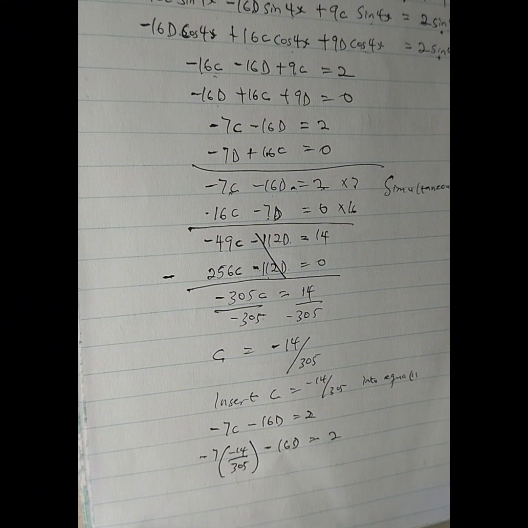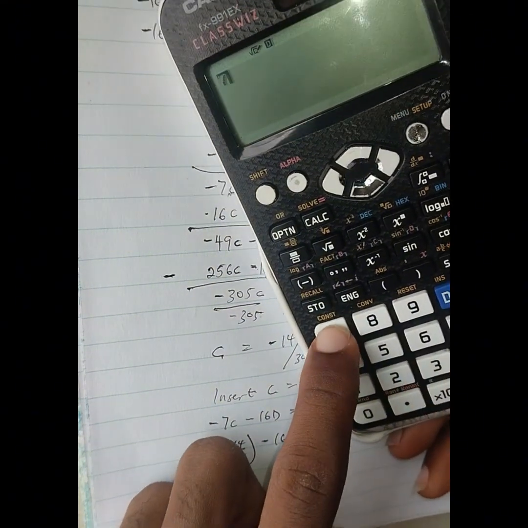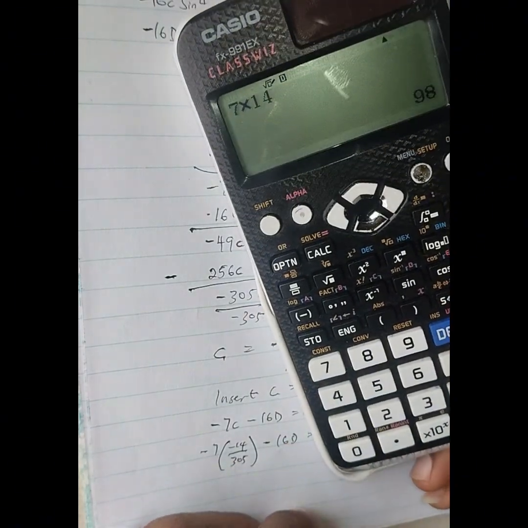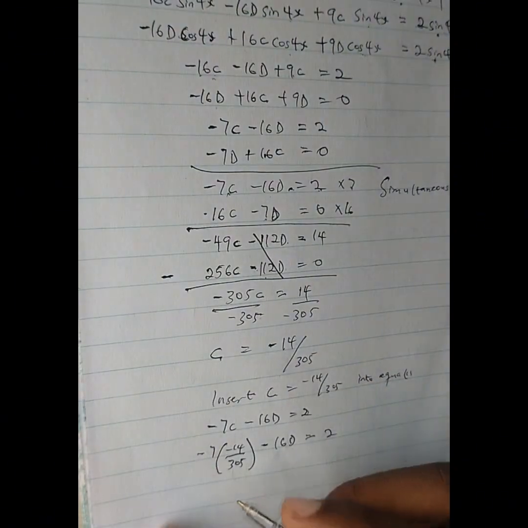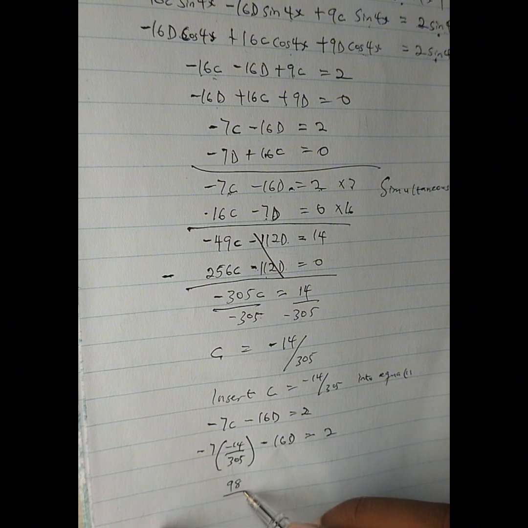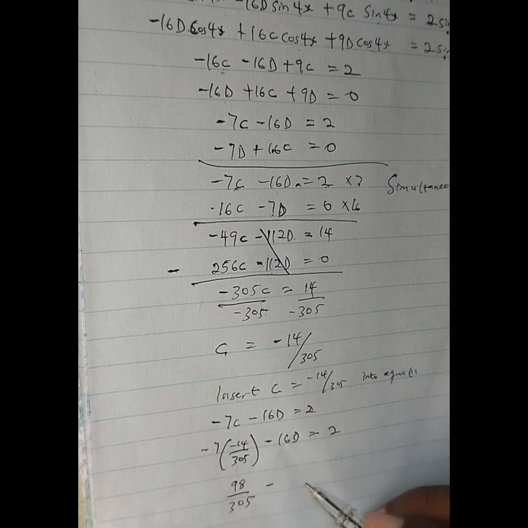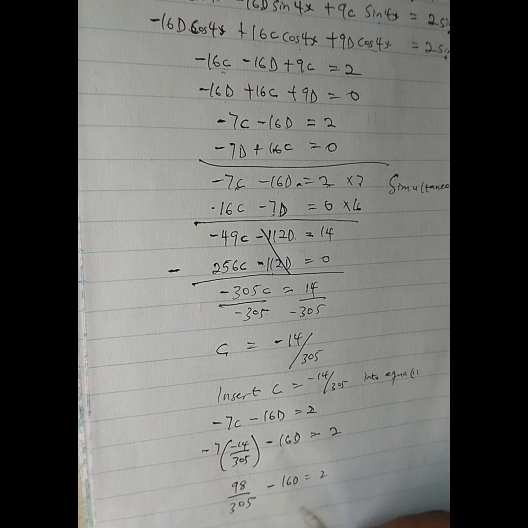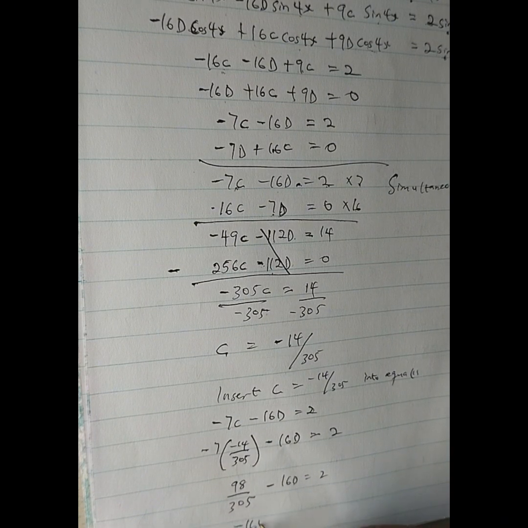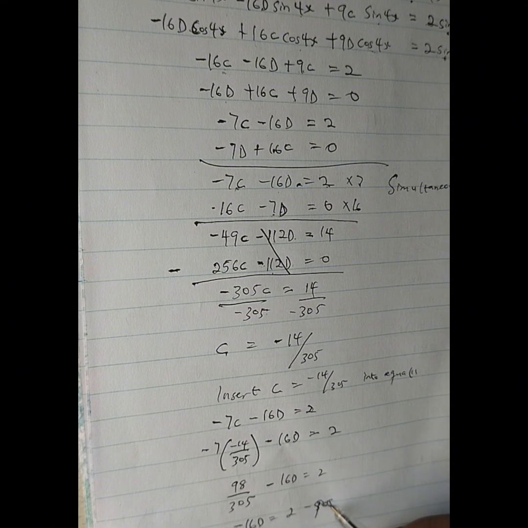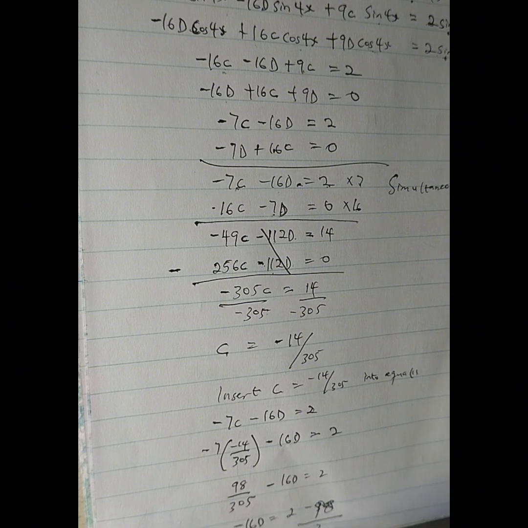So now 7 times 14 is 98. Like 98 over 305 minus 16d is equal to 2. We have that minus 16d is equal to 2 minus 98 over 305. Here 2 is over 1.